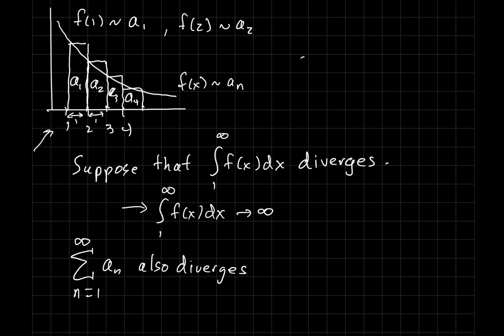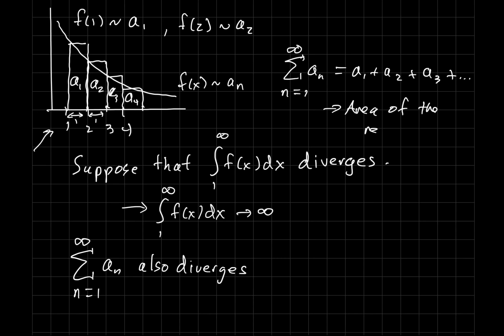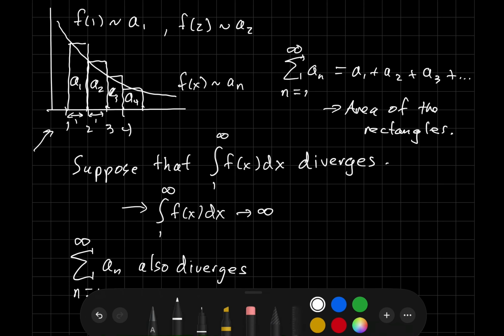Now, of course, the series from 1 to infinity of a sub n is a sub 1 plus a sub 2 plus a sub 3, etc., which is the area of the rectangles. Now, what do you notice about the area of the rectangles?